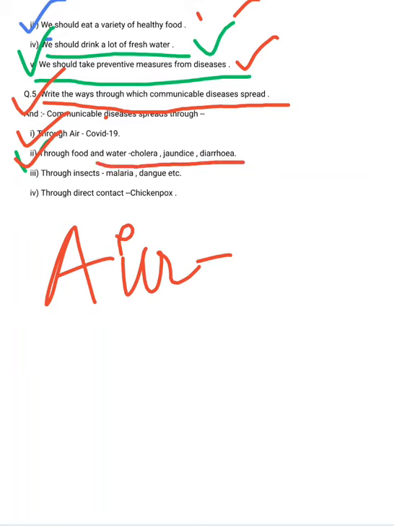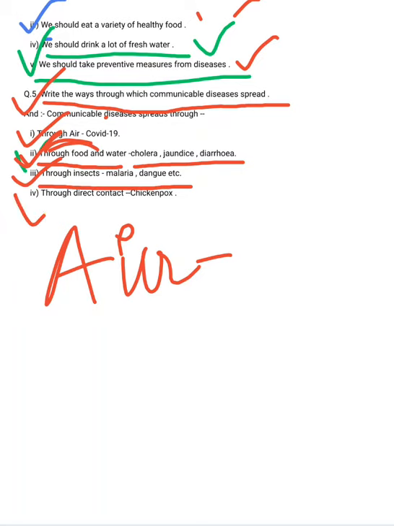And through food. আৰু ফুডৰ ক্ষেত্ৰত, লেতেৰা ফুডত যদি জাৰ্মছ থাকে, সেই জাৰ্মছবিলাক ধুই যদি নলওঁ, তেতিয়া সেইবিলাক আমাৰ পেটত যাব পাৰে. Number 3, through insects. Malaria and dengue are the diseases that spread through insects.